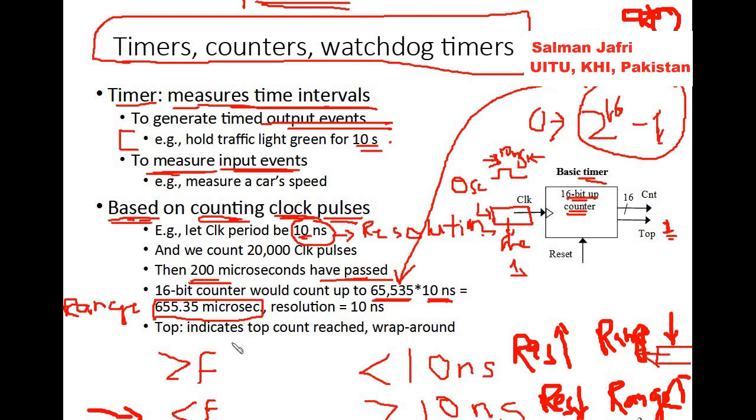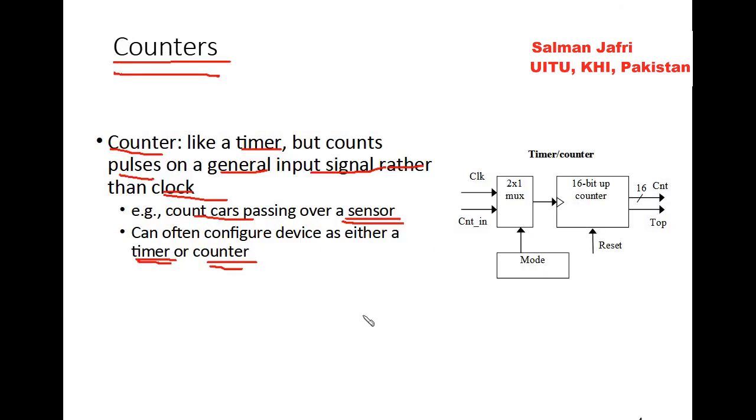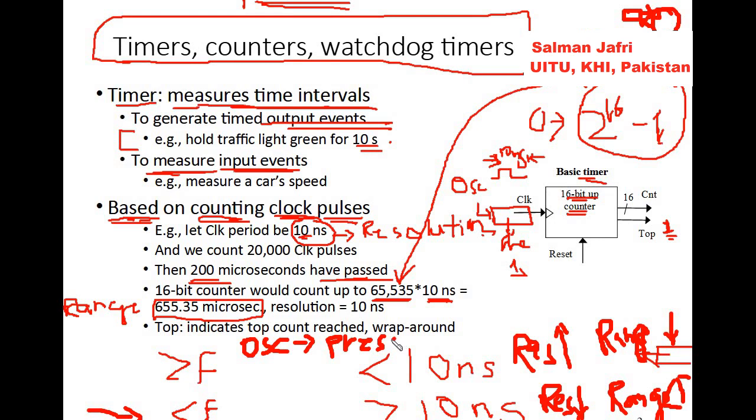So it can be something like this. Let me draw whatever space is left. This is the oscillator block, and the output of this oscillator is fed into the prescaler. Prescaler, right?